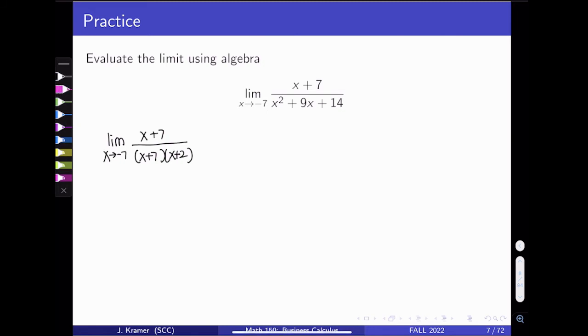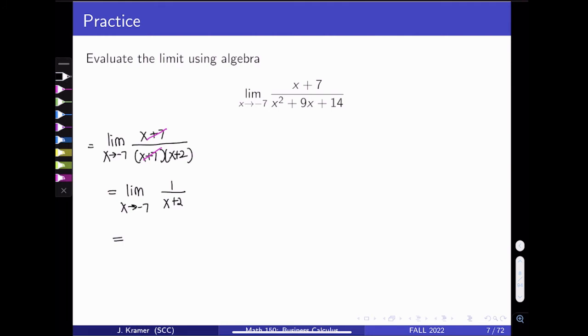We see that the numerator and denominator factors are the same, so we can divide, leaving us with the limit as x approaches -7 of 1 over (x + 2). Now, if we plug -7 in for x, it will no longer be 0 in the denominator, as it would have been before. So once you evaluate the limit, you can then drop the limit notation, and not before that.